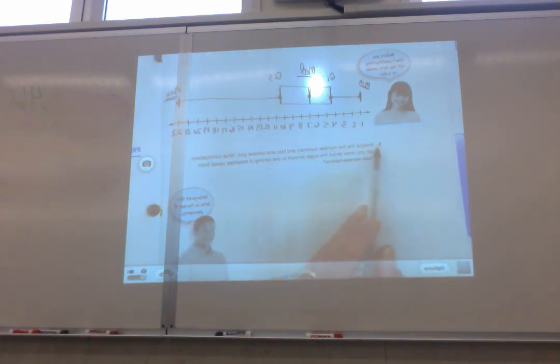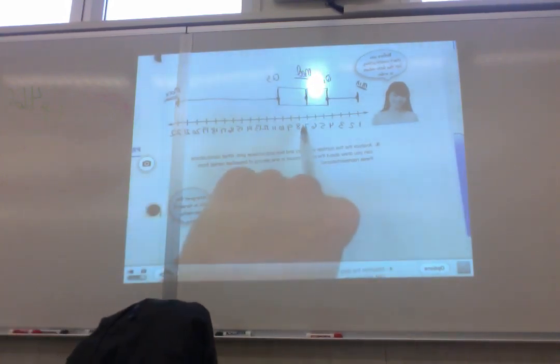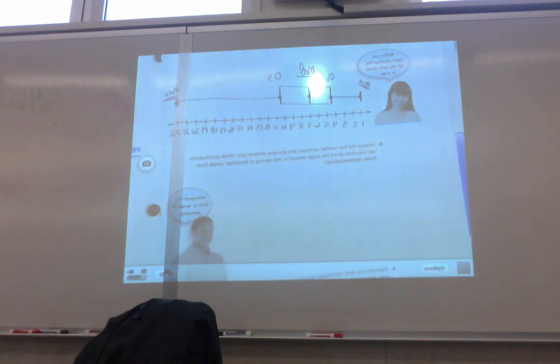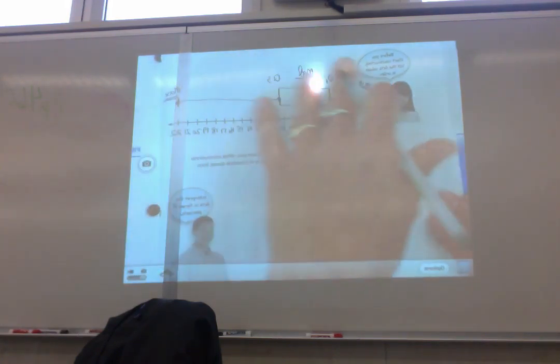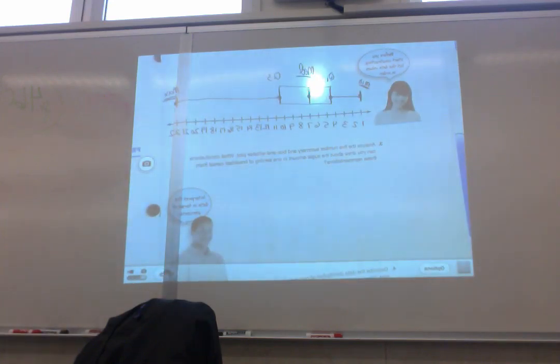Okay. Number 3, analyze the 5-number summary and the box and whisker plot. What conclusion can you draw about the amount of sugar in one serving of breakfast cereal? Okay, so number 3, go ahead at your table, write something. What does this tell us? What kind of conclusions about sugar in cereal can we gather from looking at that?